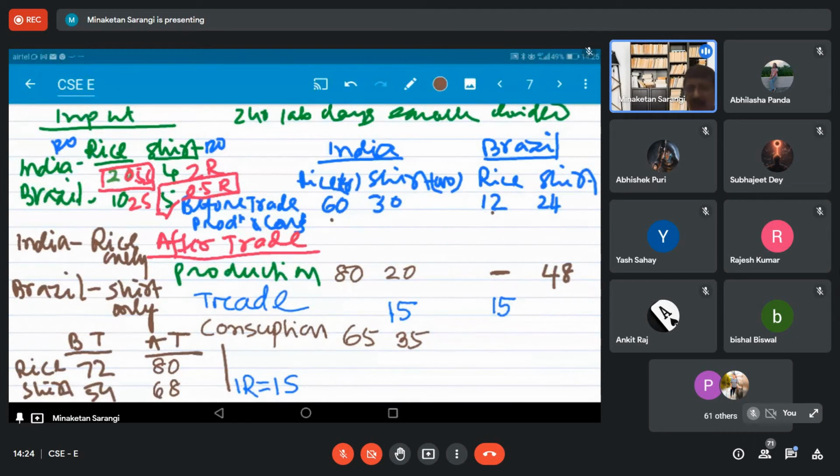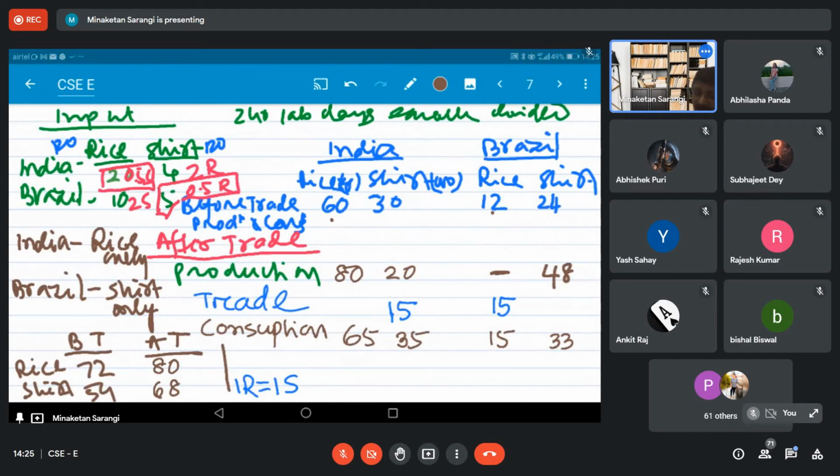What is the amount of rice Brazil will consume? 15 kg of rice imported from India, produced nil, so total consumption is 15. How much of SAT Brazil will consume? Producing 48, selling 15, remaining 33. So just check whether the total production after trade is equal to total consumption or not.